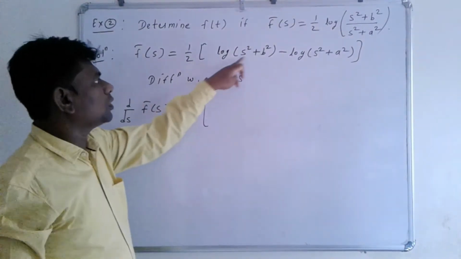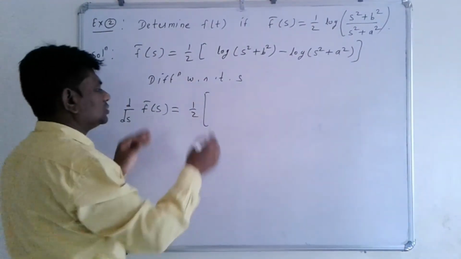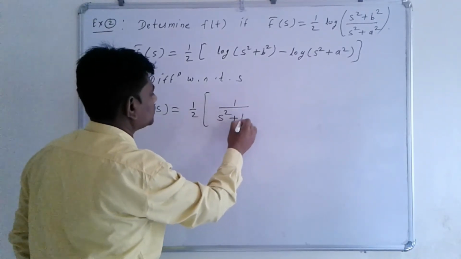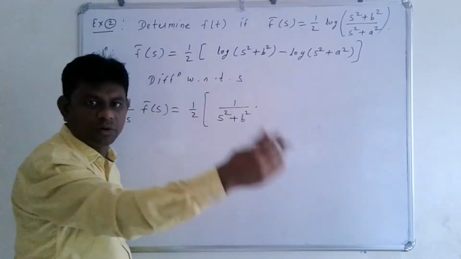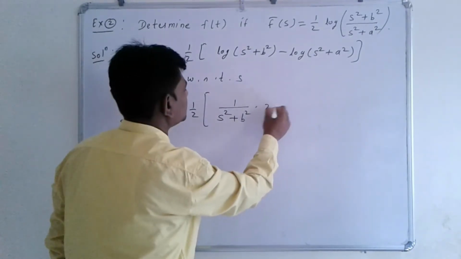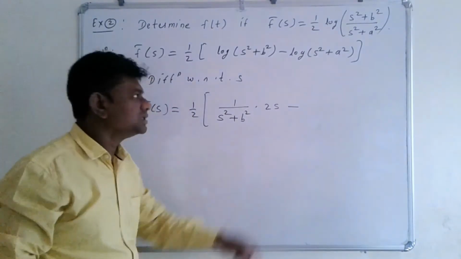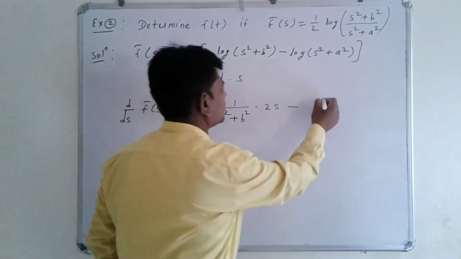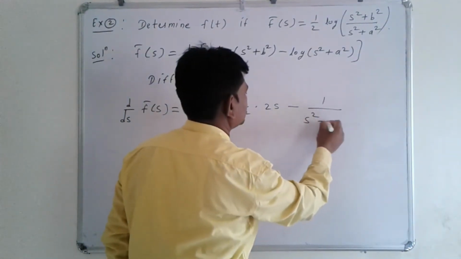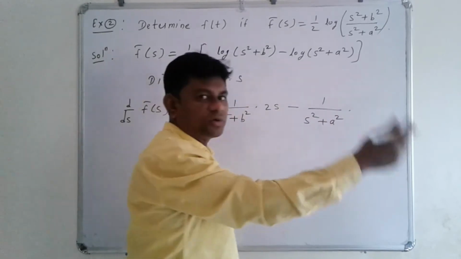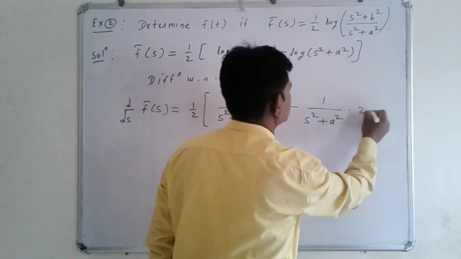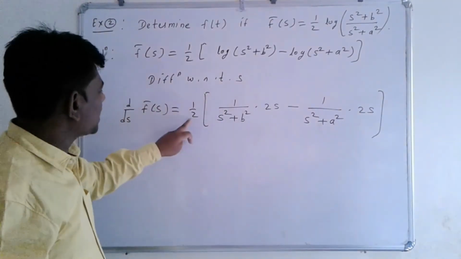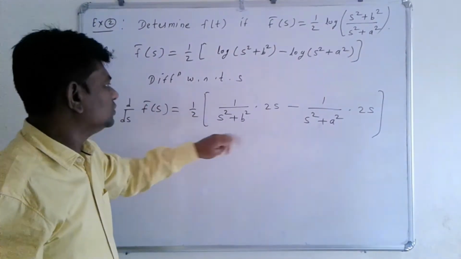Now derivative of log of s square plus b square: 1 upon s square plus b square into derivative of s square plus b square, answer is 2 times s, minus derivative of log of s square plus a square, answer is 1 upon s square plus a square into derivative of s square plus a square, answer is 2 times s. Now multiplying this bracket by 1 by 2.